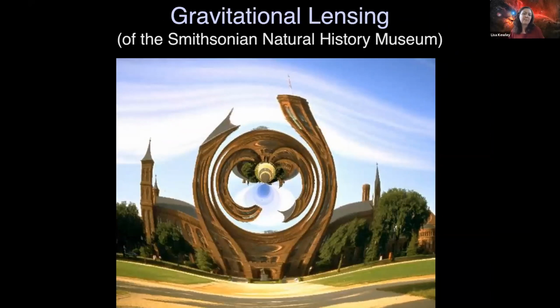You can see that the two towers of the building are stretched around. And in the middle, there's something funny. You've actually got a second image of the whole thing. It's upside down. So you've got a second image of the sky upside down, and a second image upside down of the two towers and the building. This is what happens to galaxies when they're lensed as well.